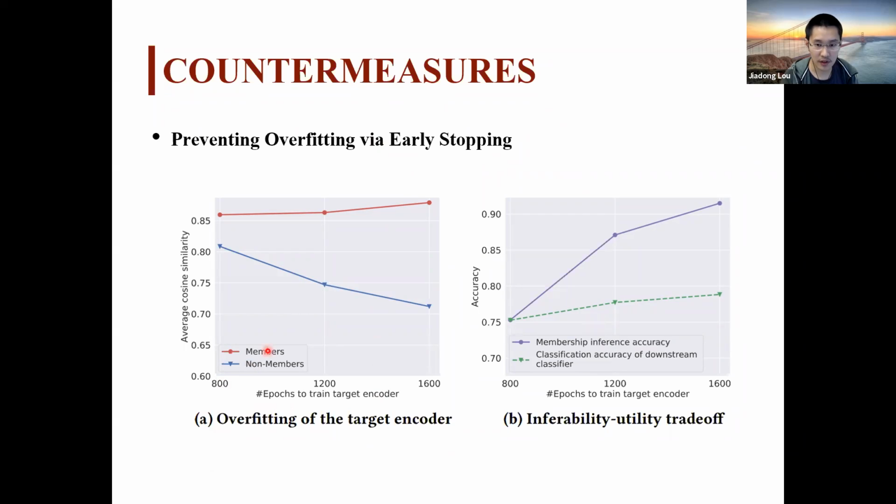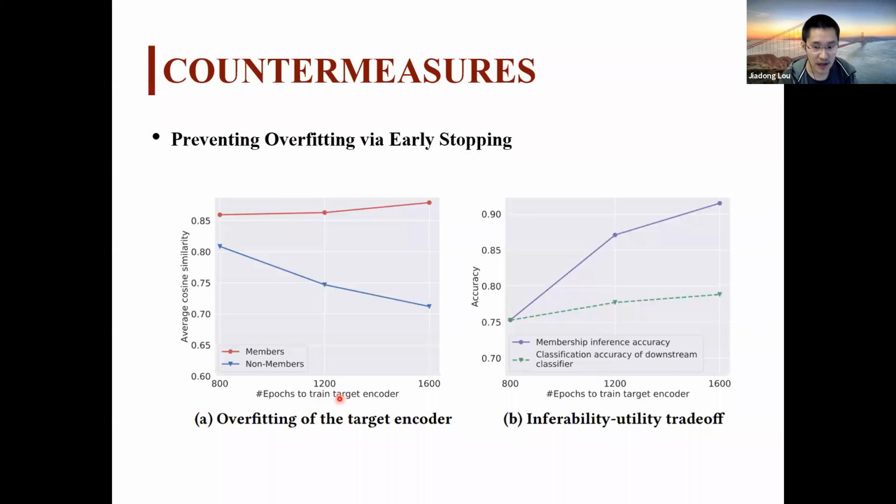The first, figure A shows the average pairwise cosine similarity scores for members and non-members of the target encoder as the number of pre-training epochs increases. They can observe that the average similarity increases for the members and decreases for the non-members as the number of epochs increases.